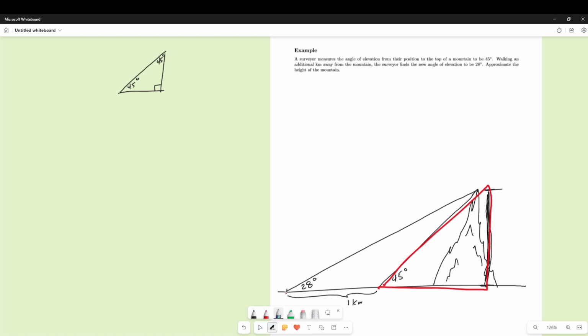There's this big triangle, the 28 degrees. And what would the other angle have to be? It'd have to be, what, 62 degrees.